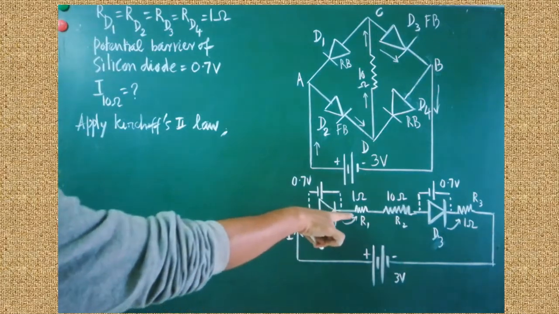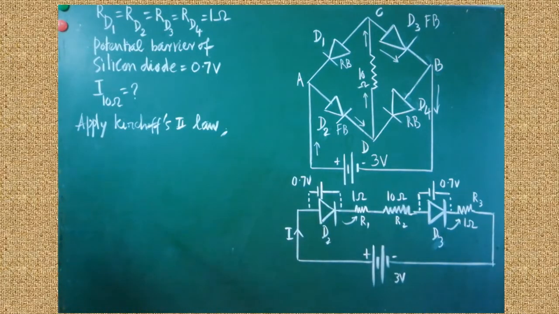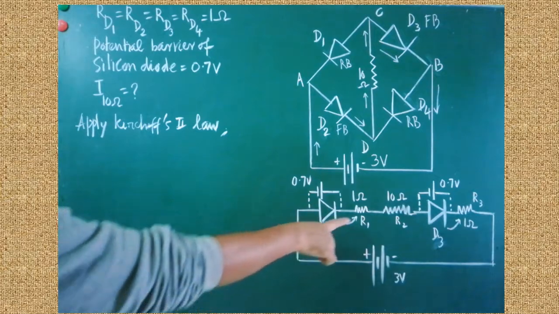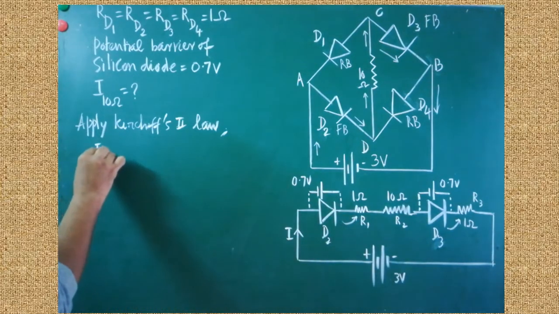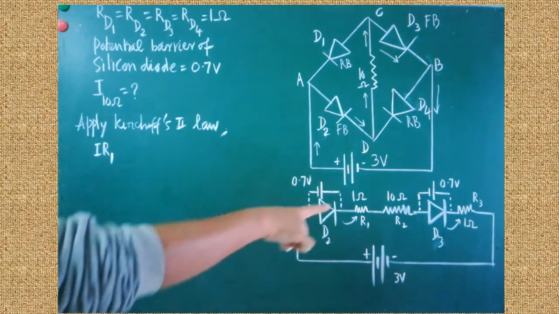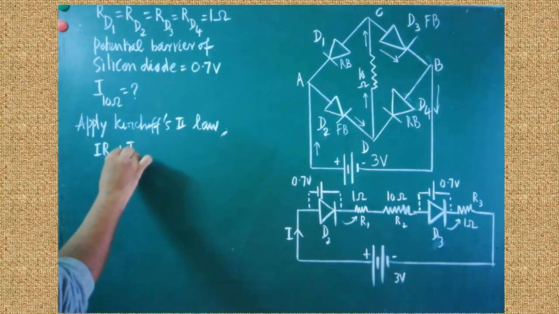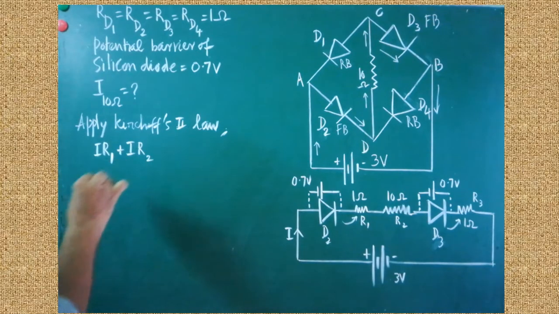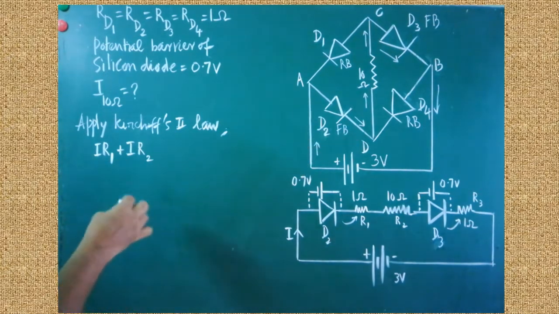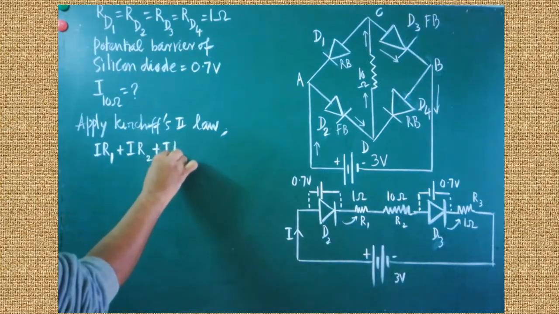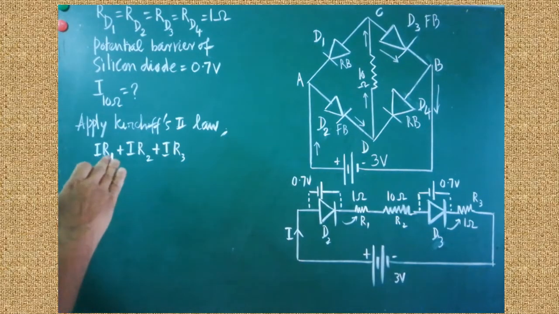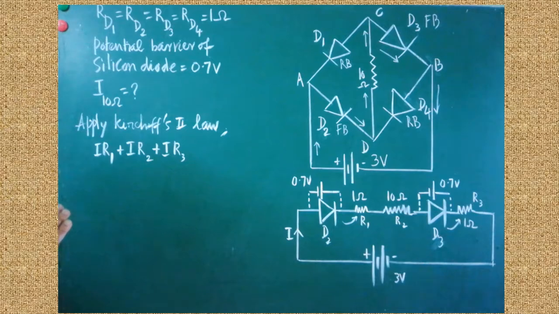Current flows through R1, so I into R1 must be written. The next resistance is R2, the 10 ohm resistance. The same current is flowing, so I R2. The third resistance is R3, therefore I into R3. So, in the LHS, the sum of the products of current and resistance must be taken. In the RHS, all potential difference factors are to be taken.